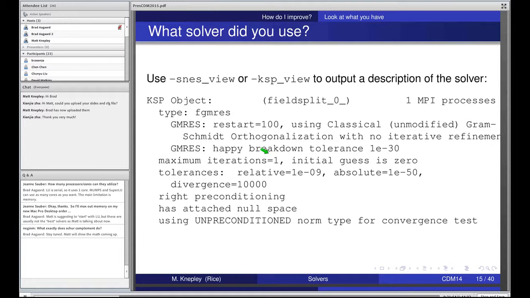And so you can reach in with options and using options prefixes and control any specific part of the solver that you want. This is very, very similar to the way that you can reach in with a properly namespaced option and control any part of PyLith itself that you want to control.